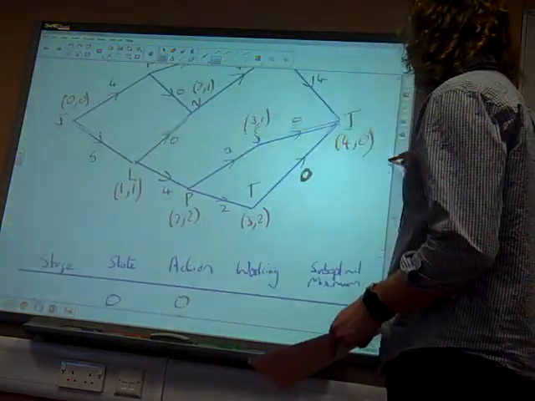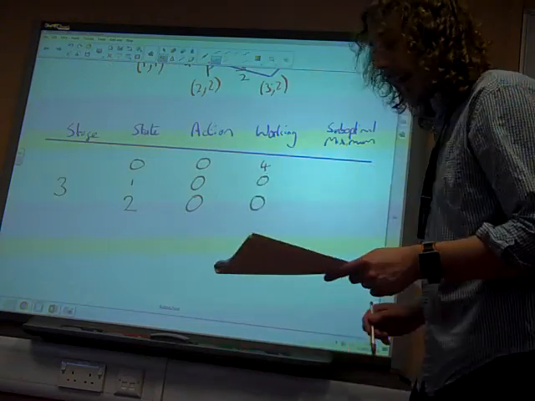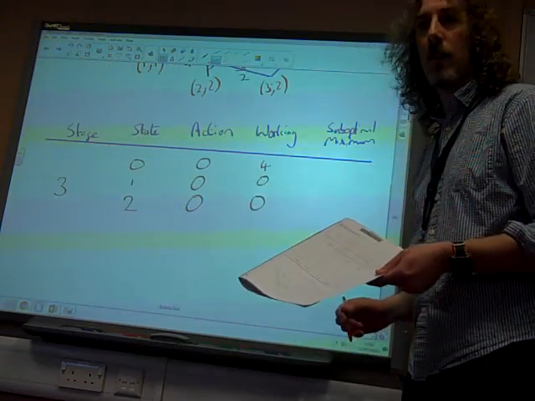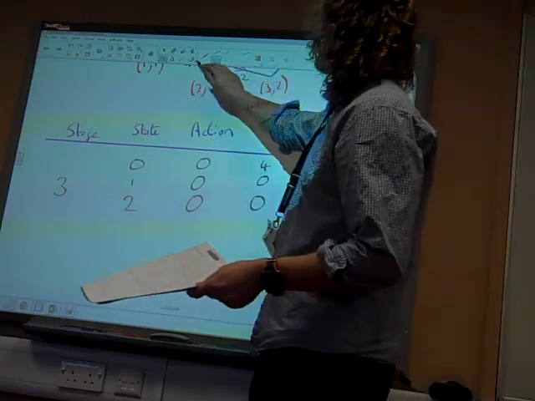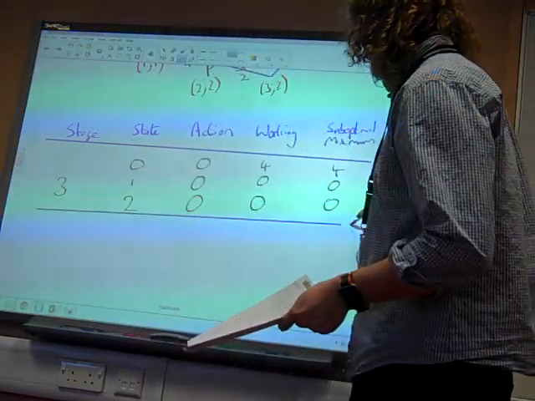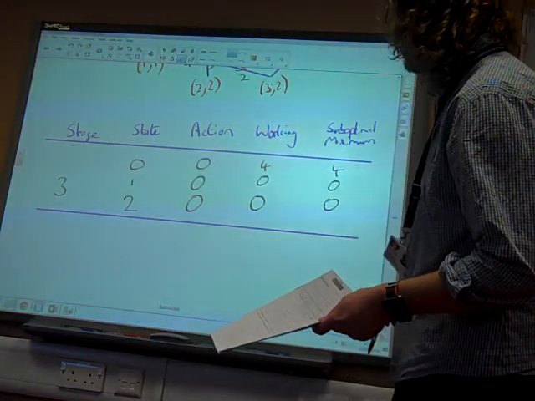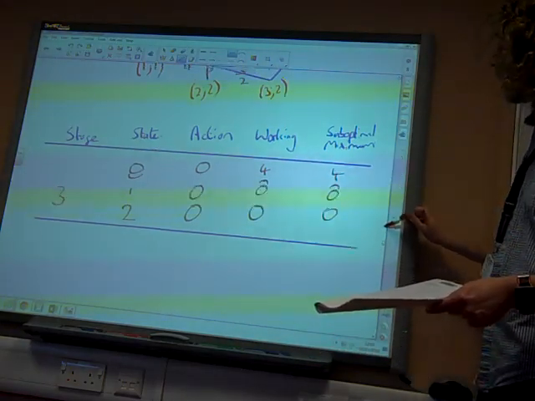The values that they have are 4, 0 and 0. And it's really dull in this first stage, isn't it? Because there's nothing really to write. That is our suboptimal maximum. That's it. That's the end of the first section, so we can rule off underneath that and move on to stage 2.